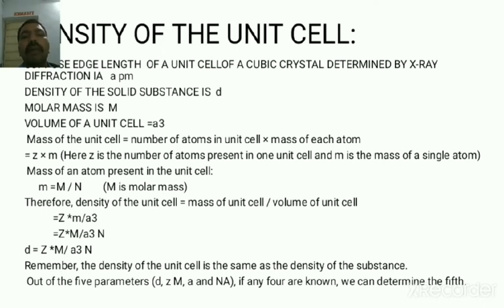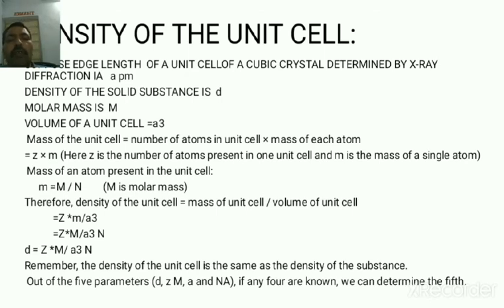Small m, the mass of each atom, is equal to capital M, the molar mass, divided by Avogadro's number. Therefore, density of the unit cell is equal to the mass of the unit cell, that means Z into M, divided by the volume of the unit cell. Volume of the unit cell is a cube, and small m is equal to capital M divided by Avogadro's number.